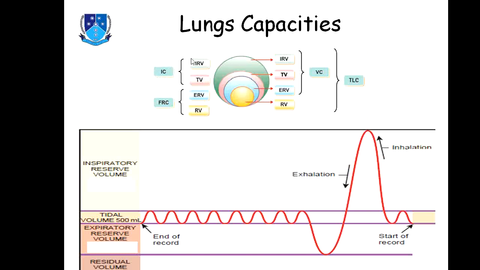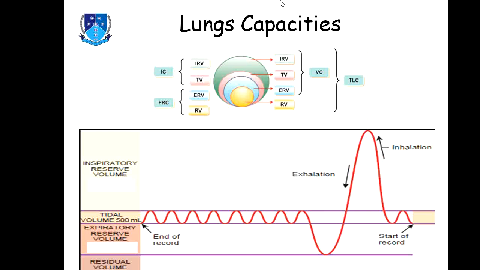Inspiratory capacity is the combination of inspiratory reserve volume plus tidal volume. You can also say that inspiratory capacity is the capacity of the lung, or the amount of air which can be inhaled after normal expiration, after normal tidal volume expiration.